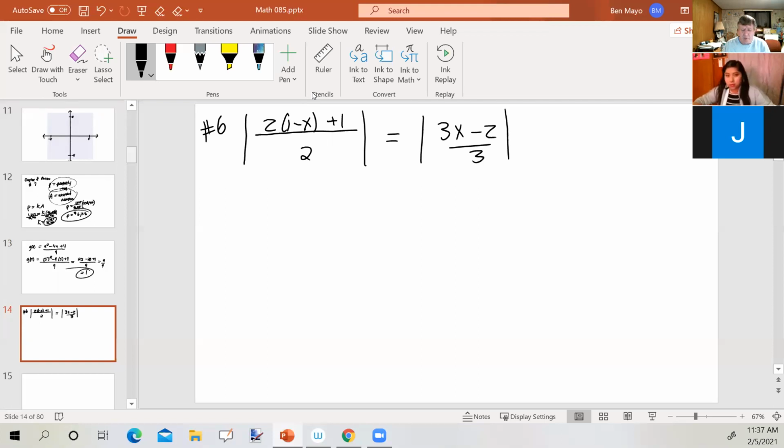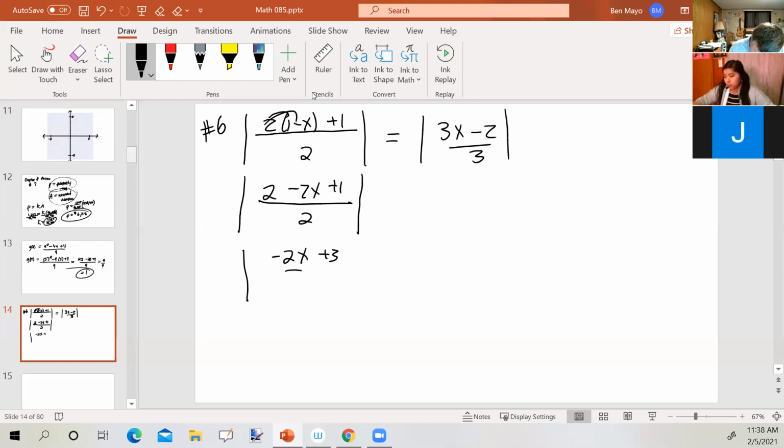All right, the first thing I'm going to do on the left side of the equation, that absolute value inside there, I can simplify that a bunch. This is going to be 2 minus 2x plus 1, which is going to be negative 2x plus 3 all over 2. So I just distributed the 2 and combined like terms.